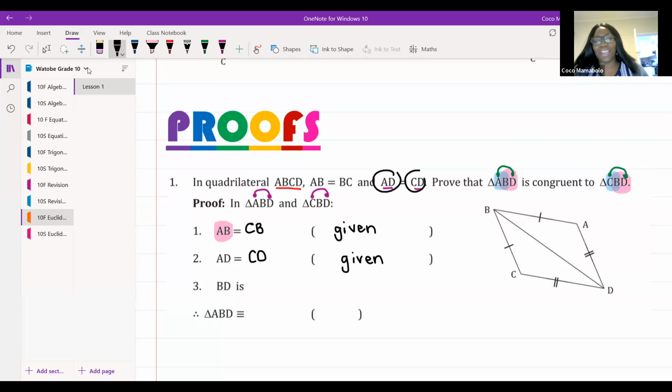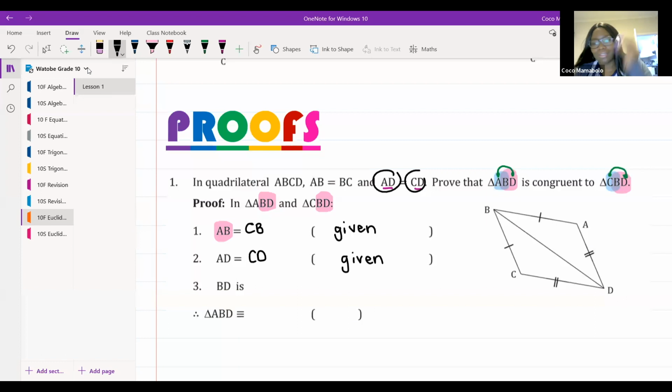Now, the last one says BD is, and we'll figure it out. They say that BD is equal to something. What do we notice in both of our triangles? Okay, good. I've got BD here, and over here I've got BD. What does that tell me about BD in both of these triangles? That it is common. Excellent, guys.